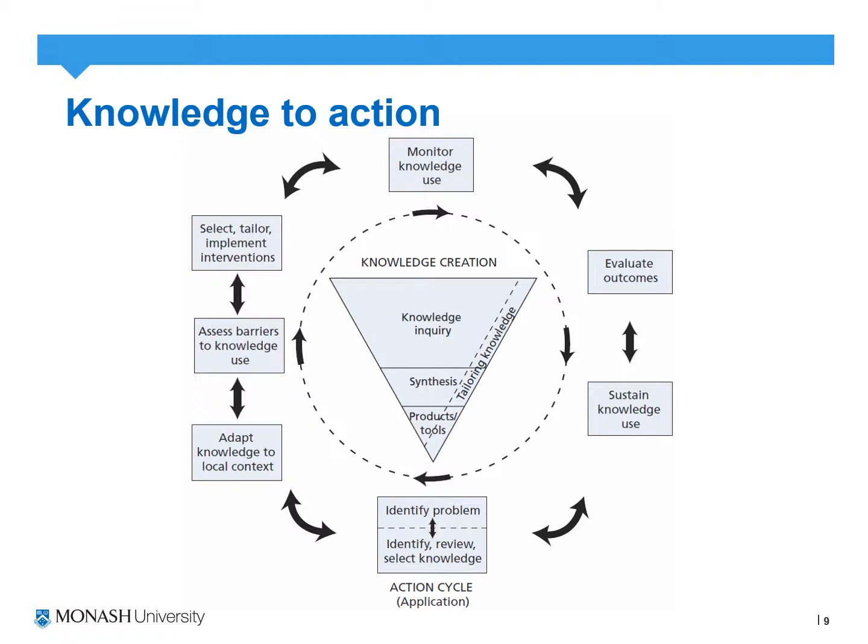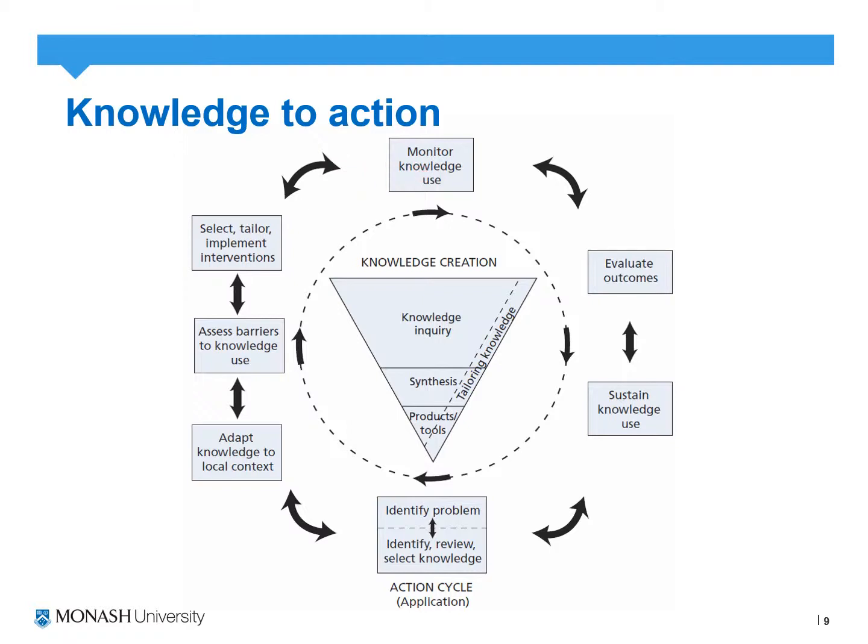So hitting upon these things around behaviours, organisational issues, health literacy, other cultural issues, we can begin to identify what the barriers and enablers are, and how we can facilitate our product or tailor it to suit the population that we're targeting.